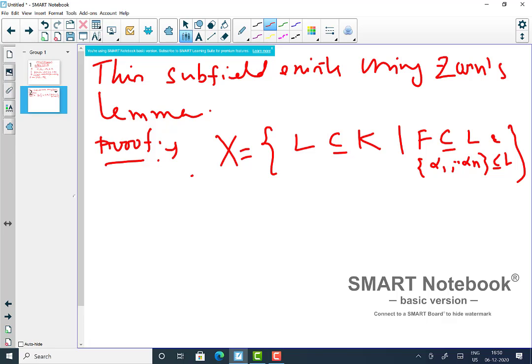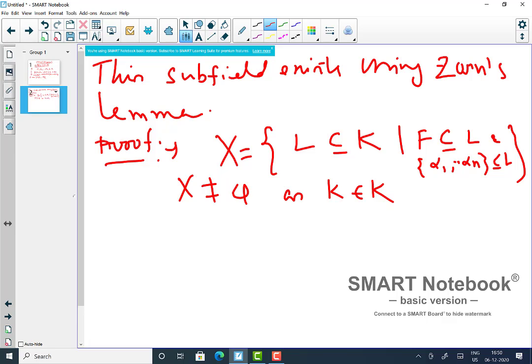Obviously this is non-empty, as K belongs to X. Then you can use the partial order by inclusion, or rather reverse inclusion, on the set of fields.